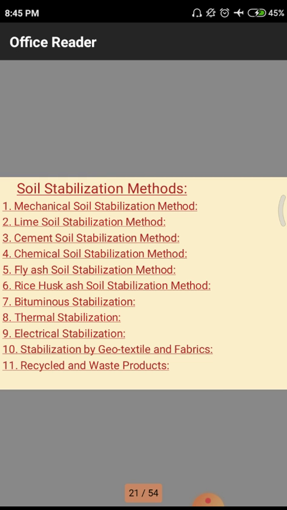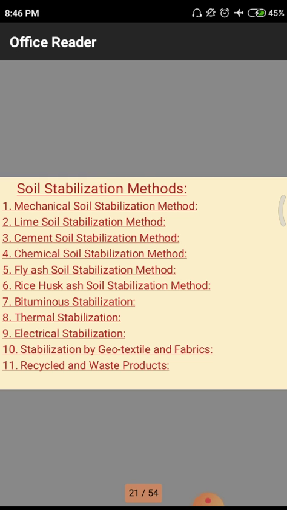Normally this is mostly used for soil profiles having a huge amount of water content. Due to the thermal properties, the water content will be evaporated and the soil will be stabilized. If any harmful matter is in the soil, when heat is supplied to the soil, those bonds will be reduced and weakened.